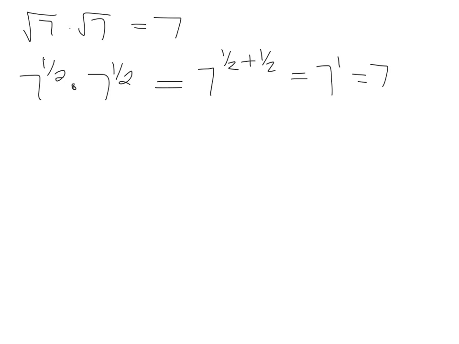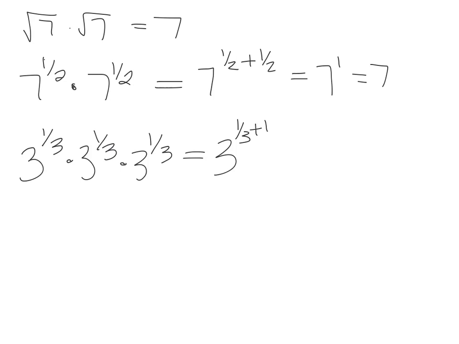The same with the cubed roots. Okay, we had all of these. It's really the same as 3 to the 1/3 plus 1/3 plus 1/3, which is 3/3, which is 1. So that equals 3.